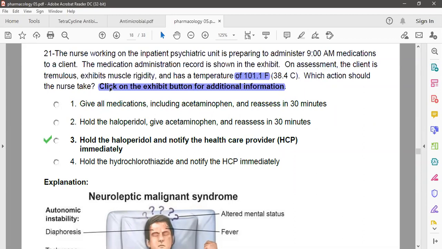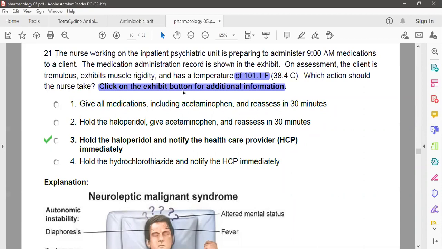So which action should the nurse take first? For a patient taking an antipsychotic like haloperidol, when you assess your patient, you can find signs and symptoms like increased body temperature, muscle rigidity, and also tremulousness.